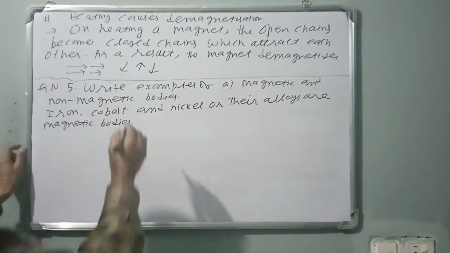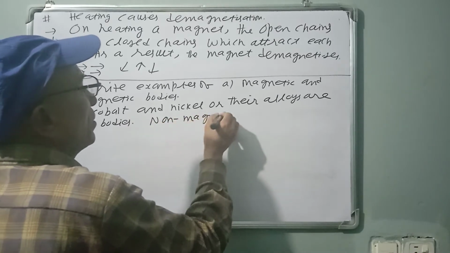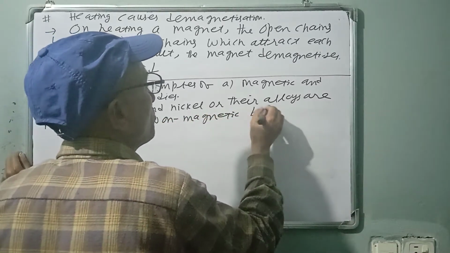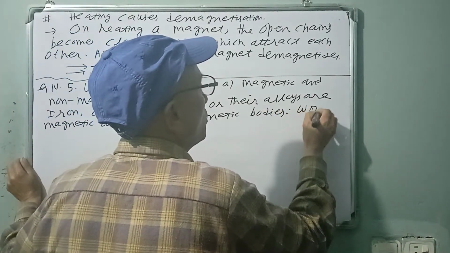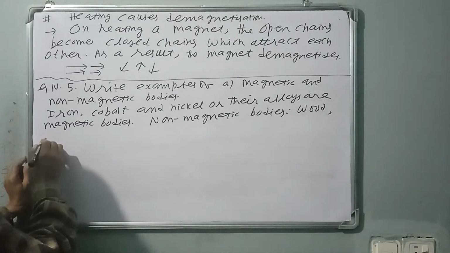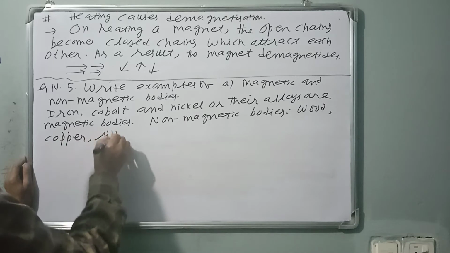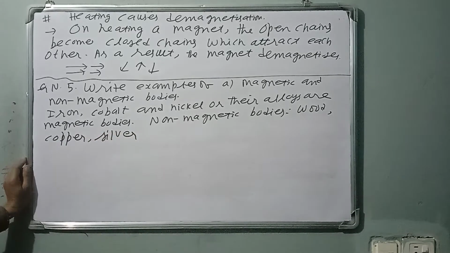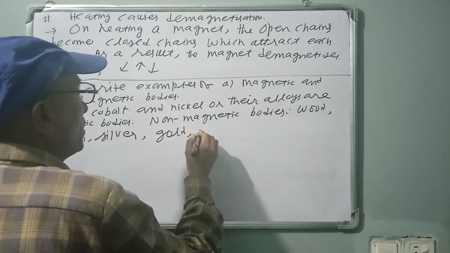Non-magnetic substances or bodies are not attracted, like wood, copper, silver, gold.